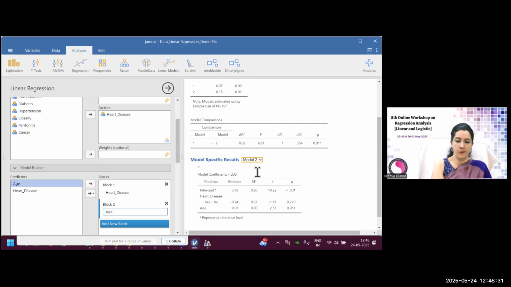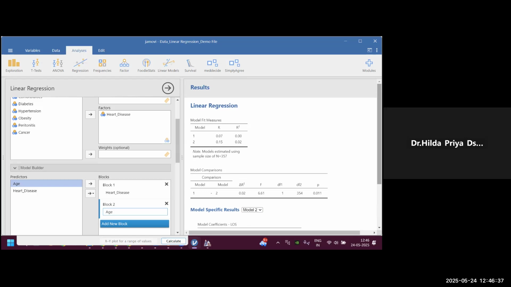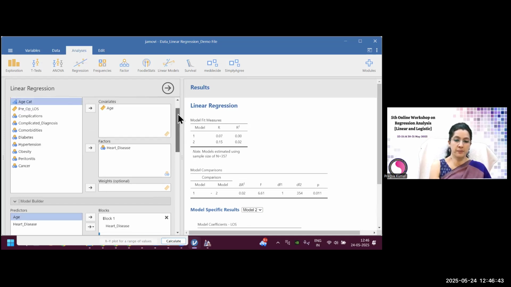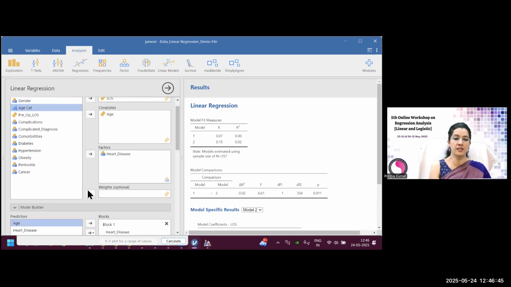So you are right. Does it happen, ma'am? Yes, because the predictor is different now. Your primary predictor you have taken as heart disease. So it happens, you need to define what you are seeing the effect of.